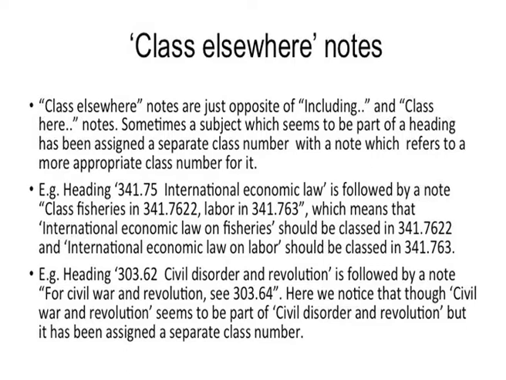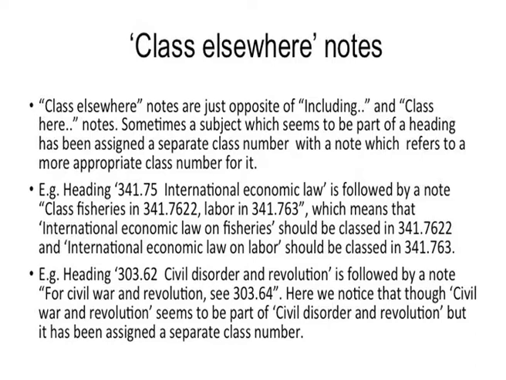Then we take an example of another heading, 303.62 Civil Disorder and Revolution. It is followed by a note, for civil war and revolution, which is a similar type of topic, see 303.64.